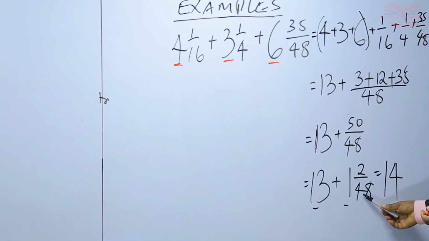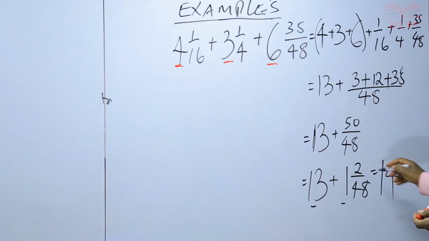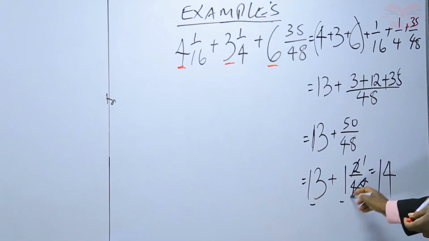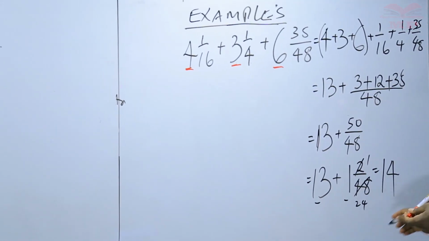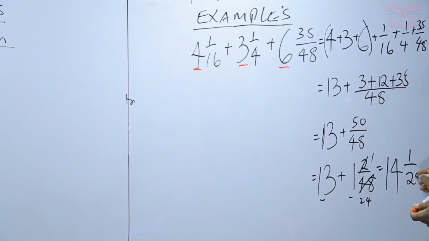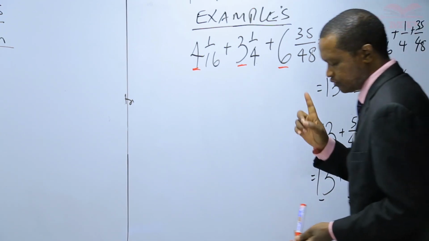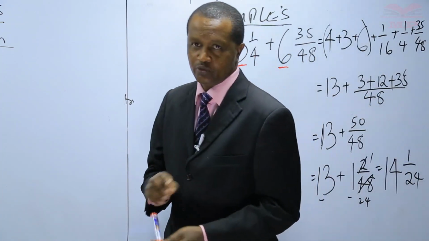Then we simplify this fraction. 2/48 is equal to, 2 goes into 2 once, 2 goes into 48 24 times. So the answer is 14 1/24. So this is how to carry out the operation of addition on fractions.